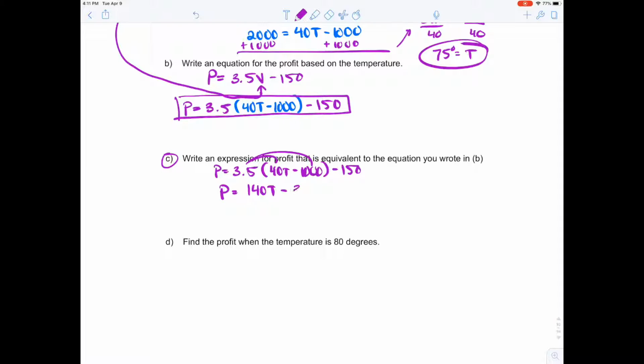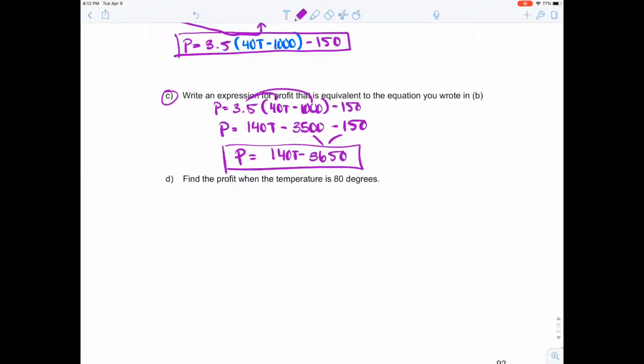Yeah, 3,500. And then we have minus 150. After we distribute, these parentheses go away. So that's nice because it allows us to combine like terms here. So we can combine minus 3,500 minus 150 for a grand total of negative 3,650. And then we just bring down our 140T. So it looks like we have a fancy simplified equation for finding the profit based on temperature.